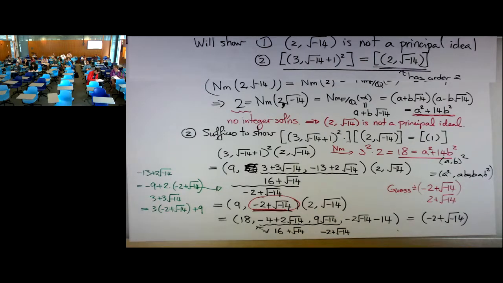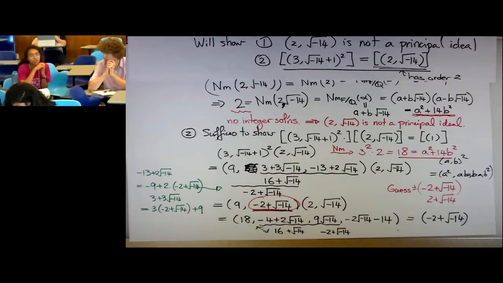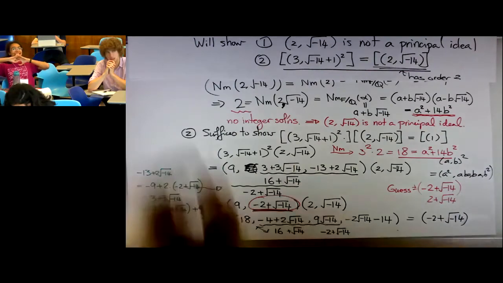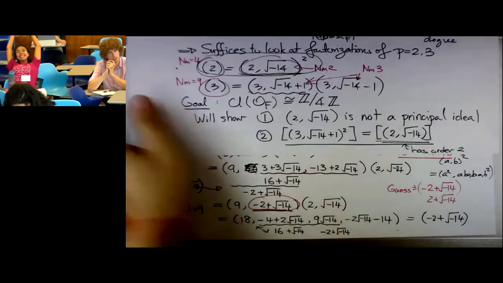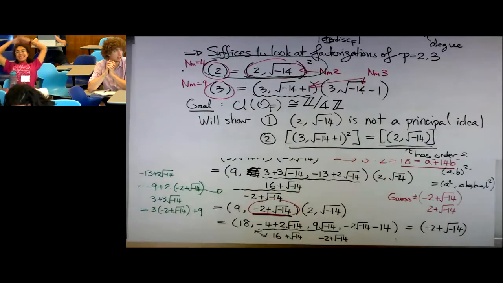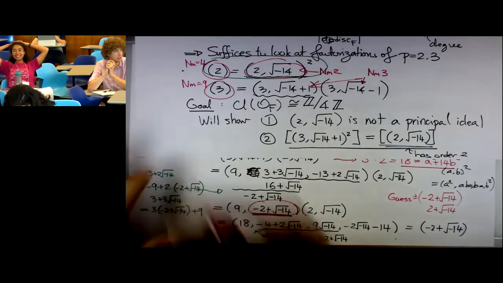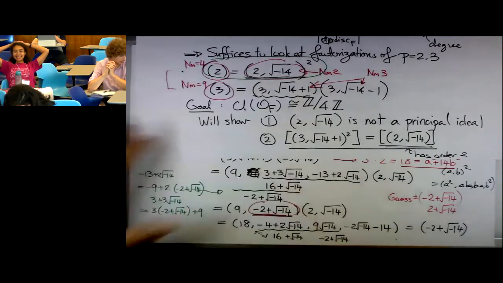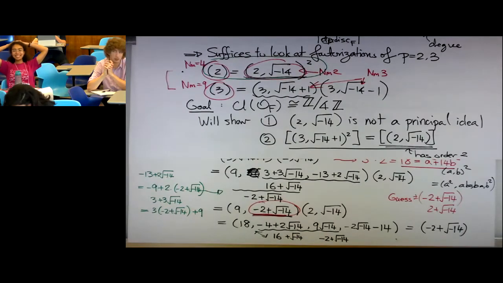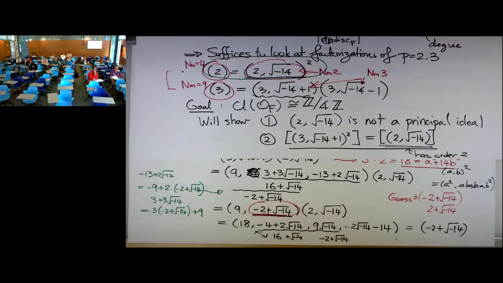Yes? How do you know it's cyclic and not like Z2 cross Z2? That's a very good question. Actually, I don't know. So basically by guessing.